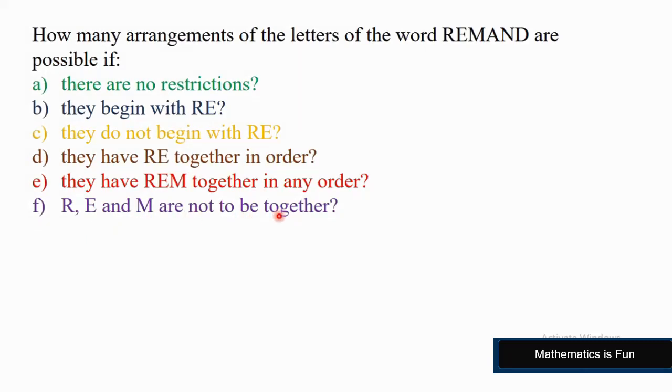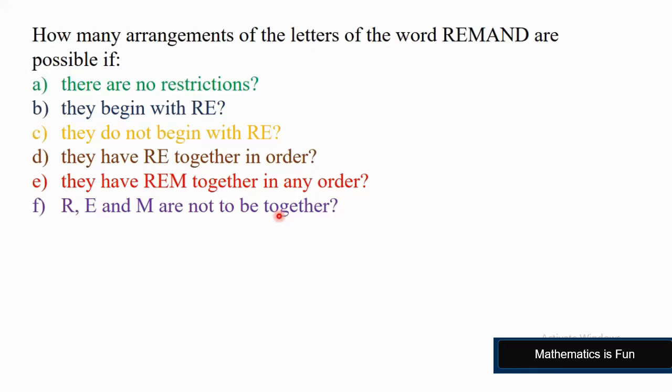So before going into the solution, let's first discuss whether order matters or not, or whether repetition is allowed or not. As I have told you before, whenever we have the word arrangement, it means order matters. That's why different arrangements are possible.